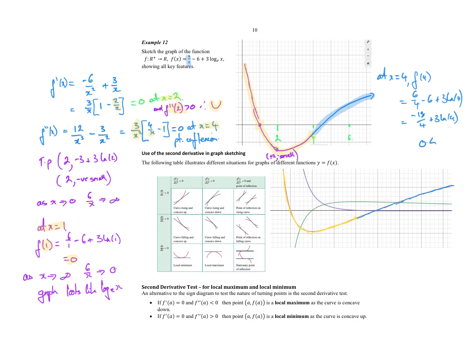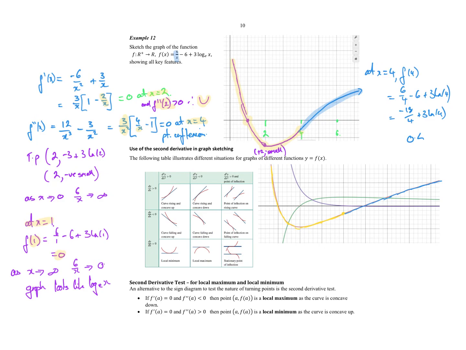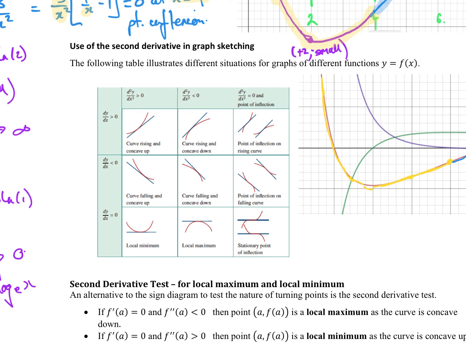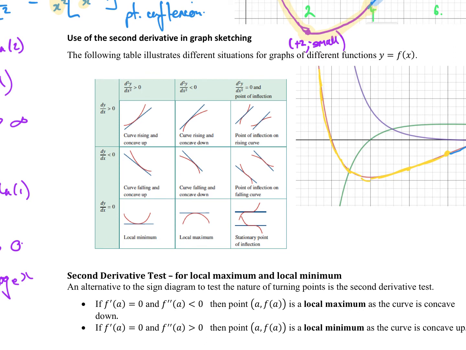So let's just formalise some of the terms we've been talking about. My second derivative, what does it mean? Let's start with the first derivative. If the first derivative is 0 and the second derivative is 0, we have stationary points of inflection, assuming there's a sign change.